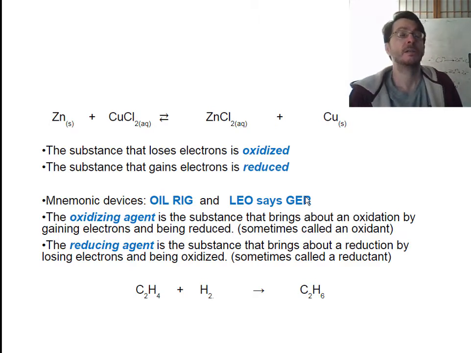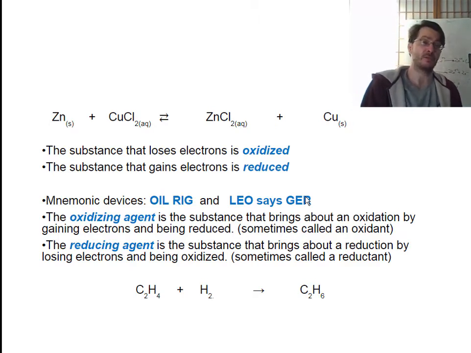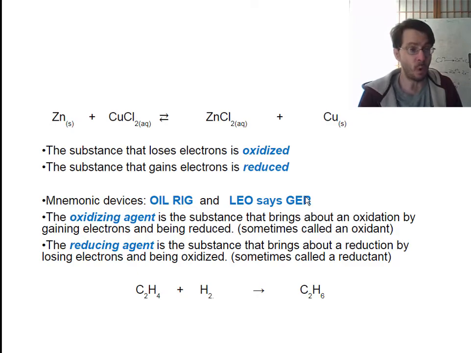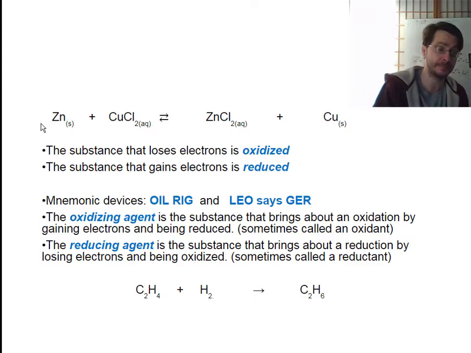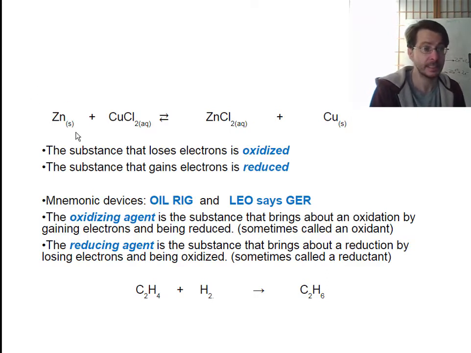Right? Like acid-base chemistry, once you identify one species, it's easy to spot the others. So in our example here again, we have zinc. Zinc is being oxidized to zinc +2. So therefore, it is causing the copper to be reduced to copper 0.